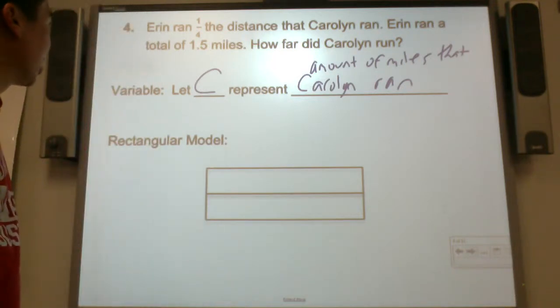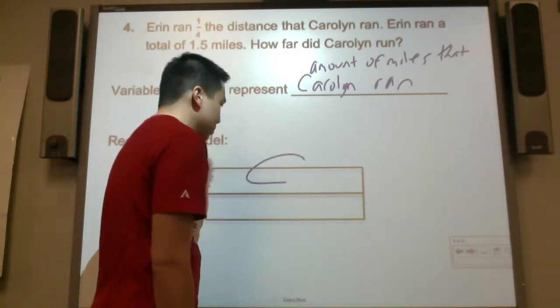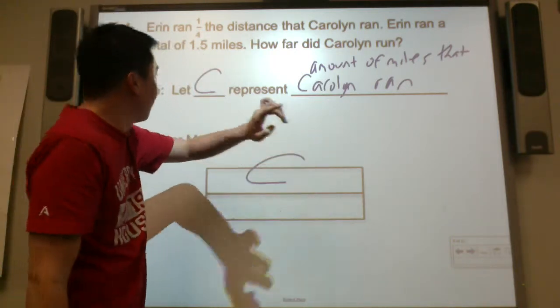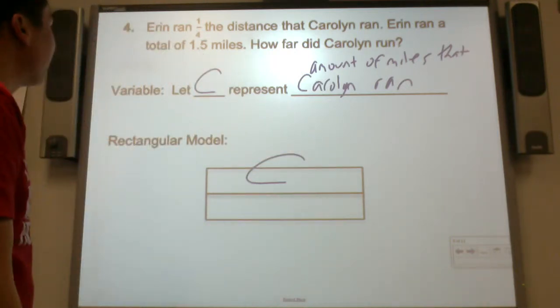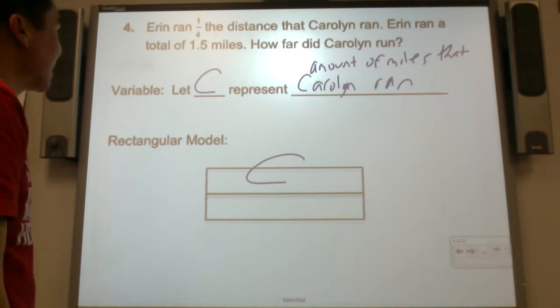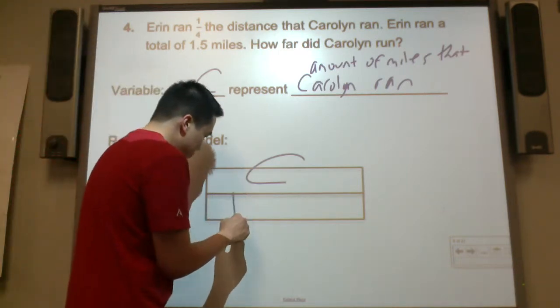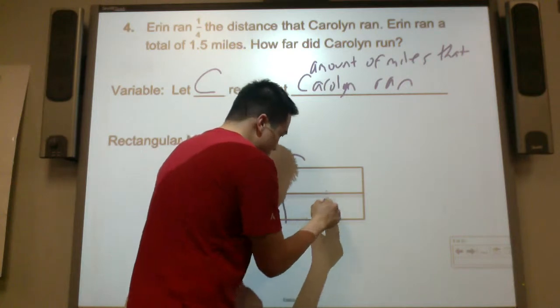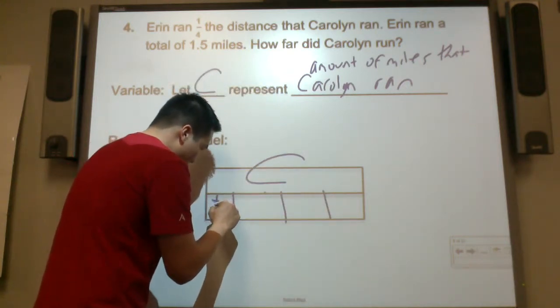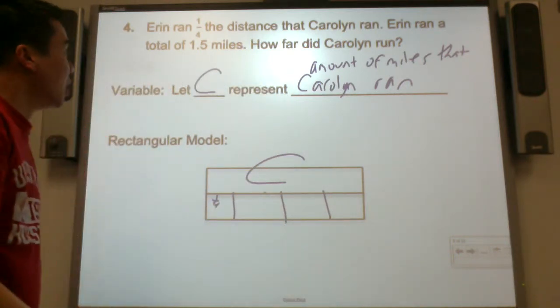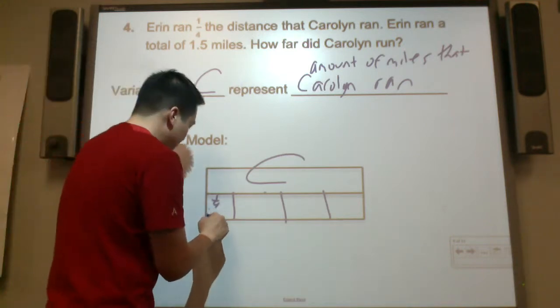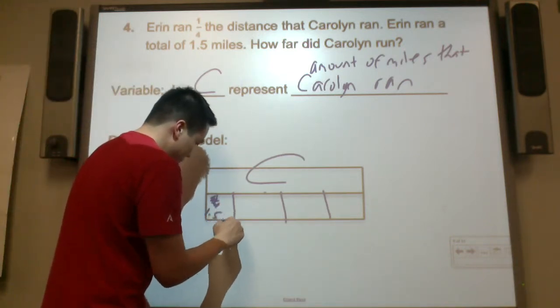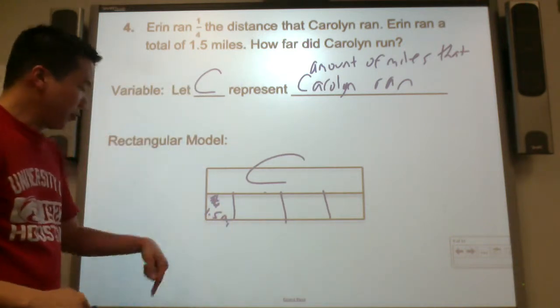So Aaron ran a total of 1.5 miles. So this is Carolyn. Aaron ran 1/4 the distance that Carolyn ran. So let's cut this into fourths. So this is a fourth right here. So these are fourths. So Aaron ran a total of 1.5 miles.